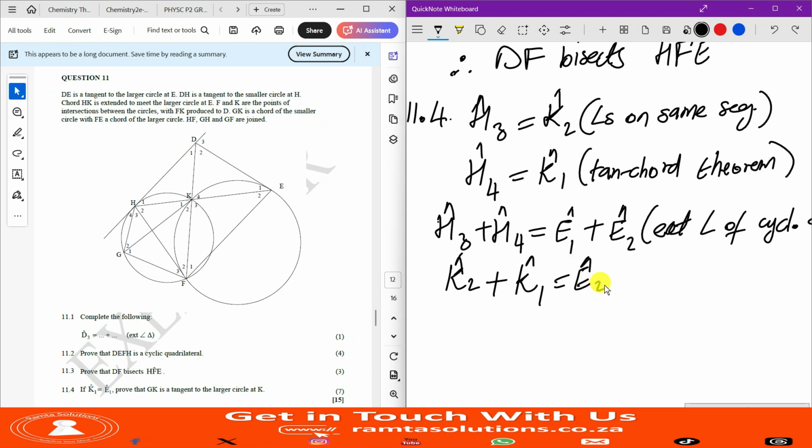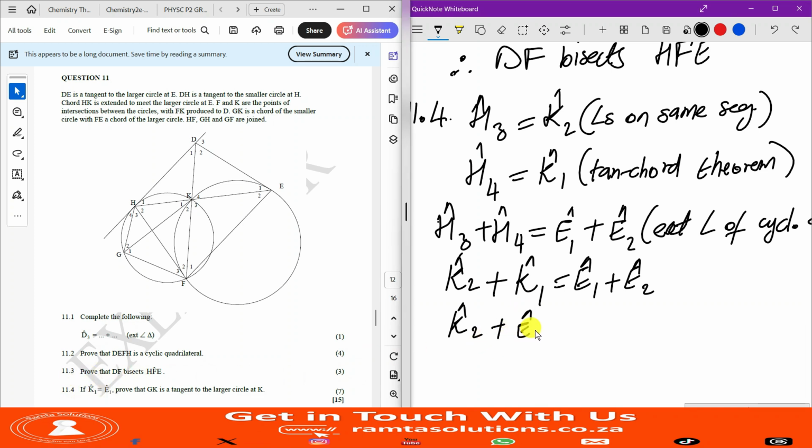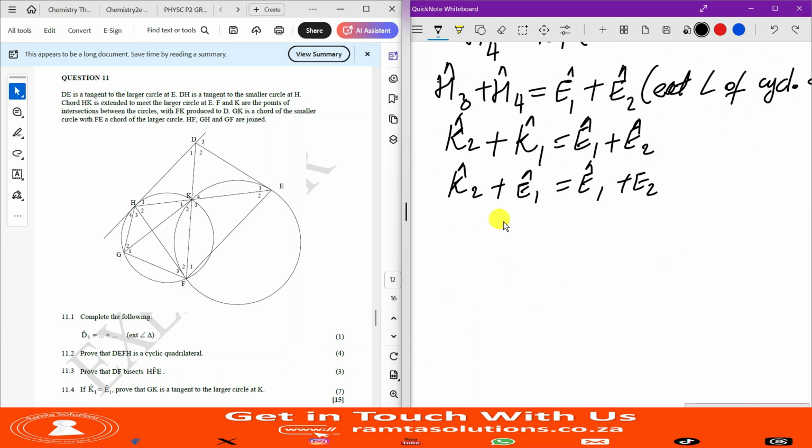E2, you can leave it like that. E1, you can leave it like that. Again, you can say this. The information given is that K1 equals E1, right? Therefore, as you can see, you can conclude and say angle K2 equals angle E2.